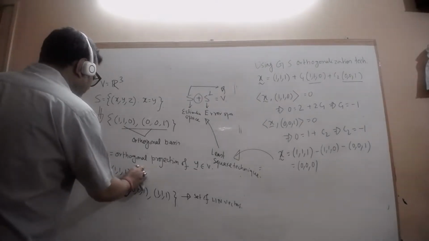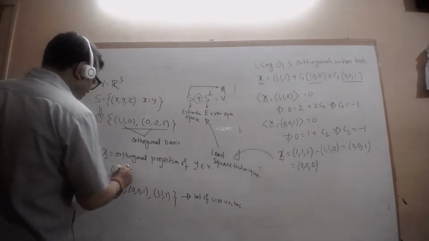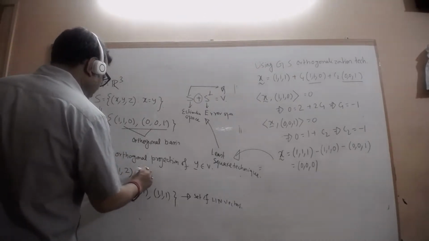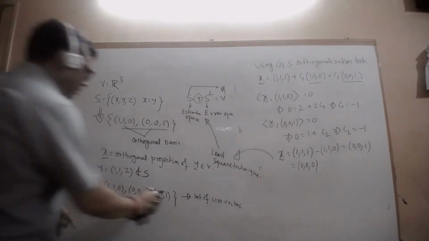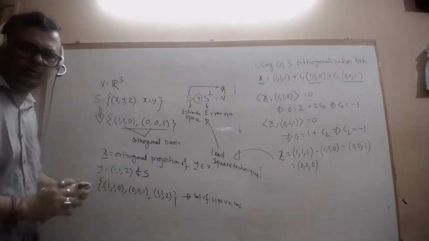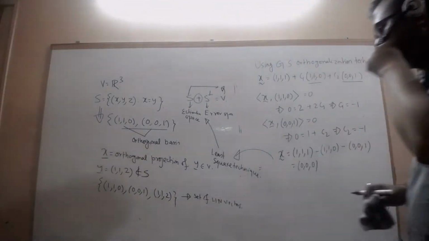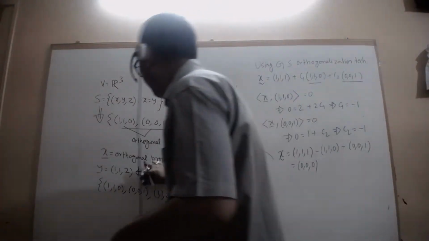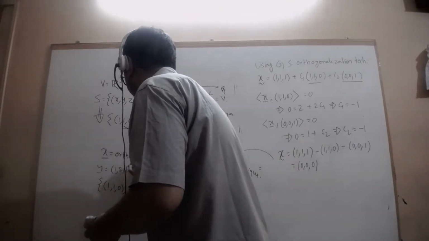So if you take another vector to get a non-trivial result, such as 1, 1, 2, this again belongs to S. I just need a little adjustment.